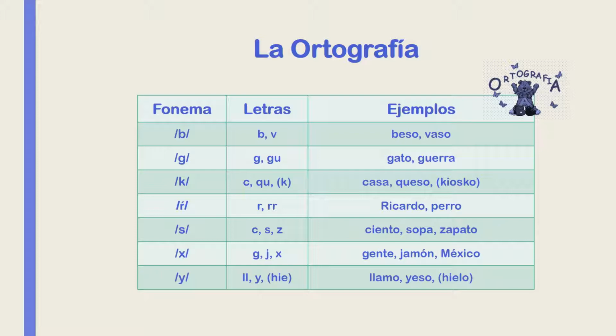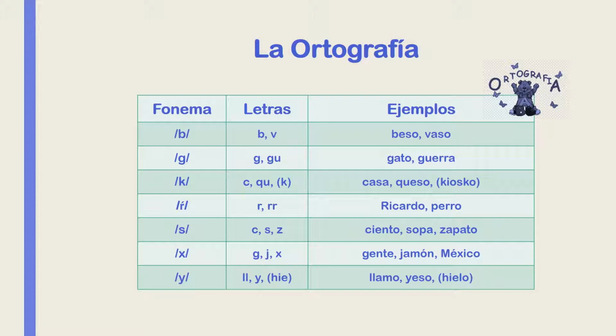So when they're in grade school, some of these things would come up, but it's nowhere near as complicated as English. So here what I have en la columna a la izquierda, fonema. So the phoneme we're talking about. Then letras del alfabeto, and then finally ejemplos en la columna a la izquierda.